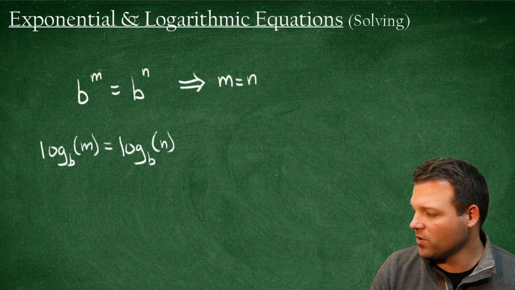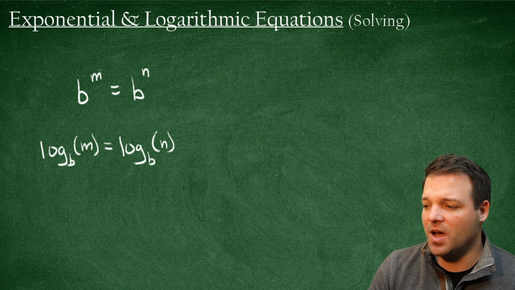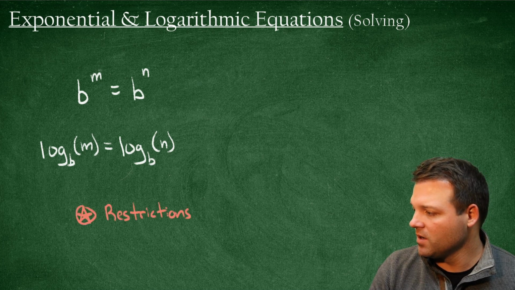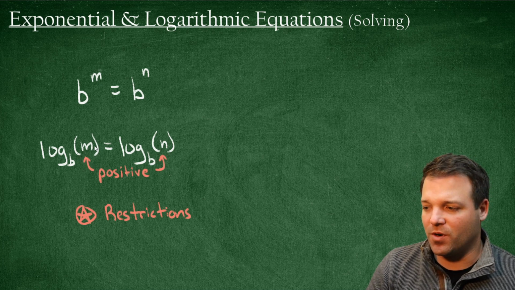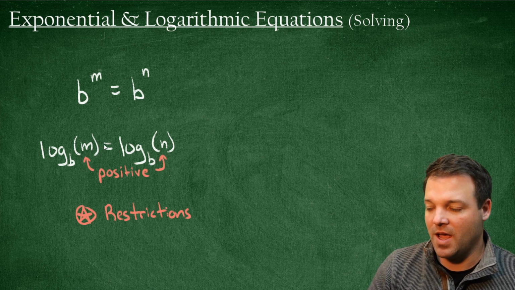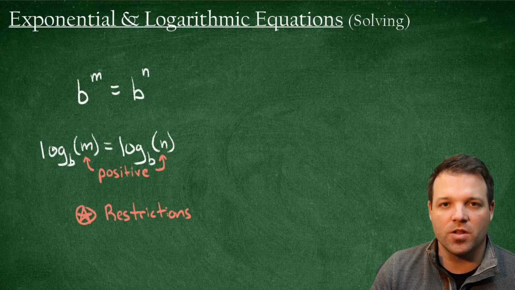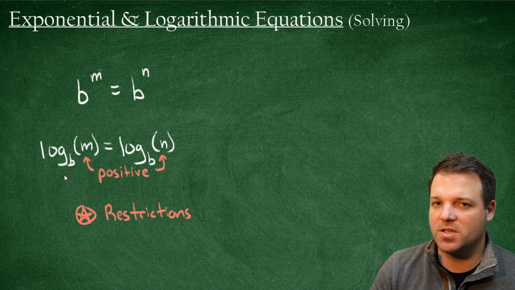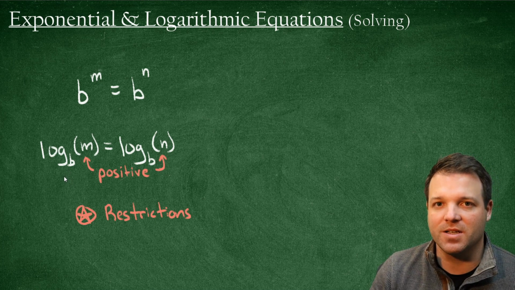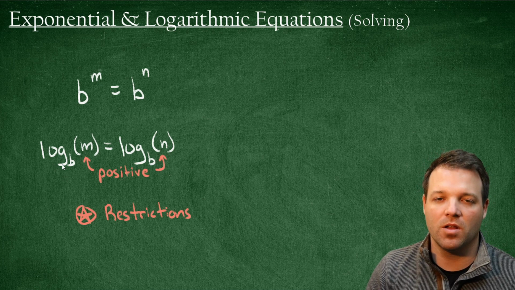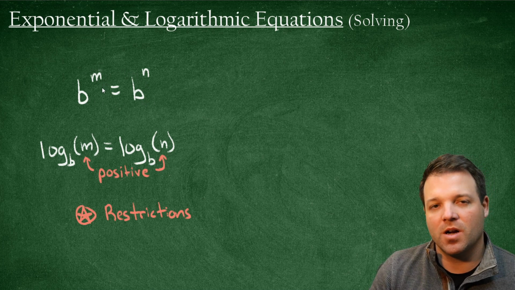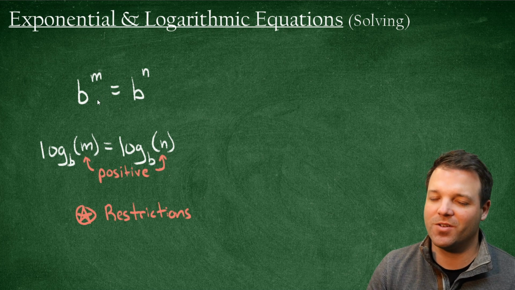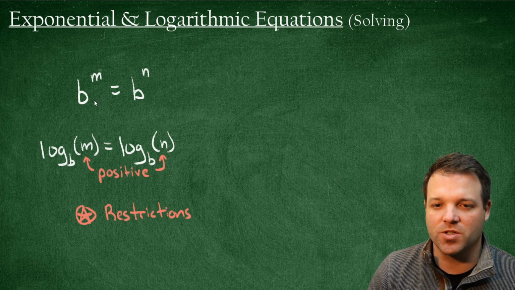For example, this one below here, where we have logarithms, if I am solving for the m and n inside of that logarithm, neither of those could be 0 or negative. They have to be positive, right? Because we can't take the logarithm of a negative or a 0. However, if I'm solving for the one up top, then there are no restrictions up here. So we just have to remember, go back and check your restrictions.